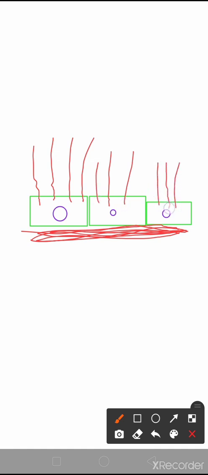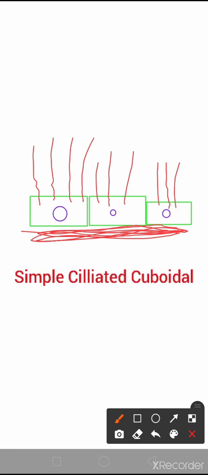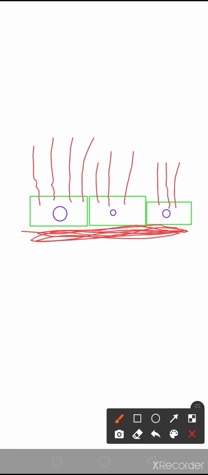So when cilia is present on the free surface, we call it simple ciliated cuboidal epithelium, and this is found in the respiratory tract and the nephrons of kidneys. So this is all about simple cuboidal epithelial tissue.